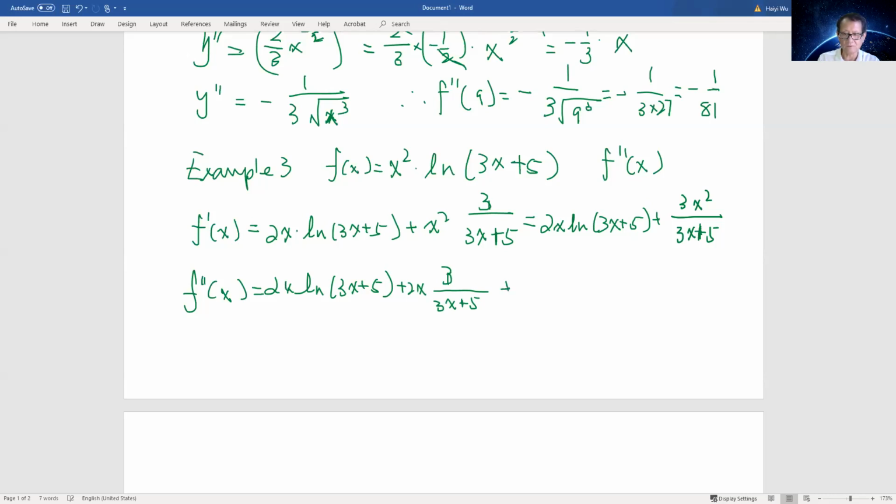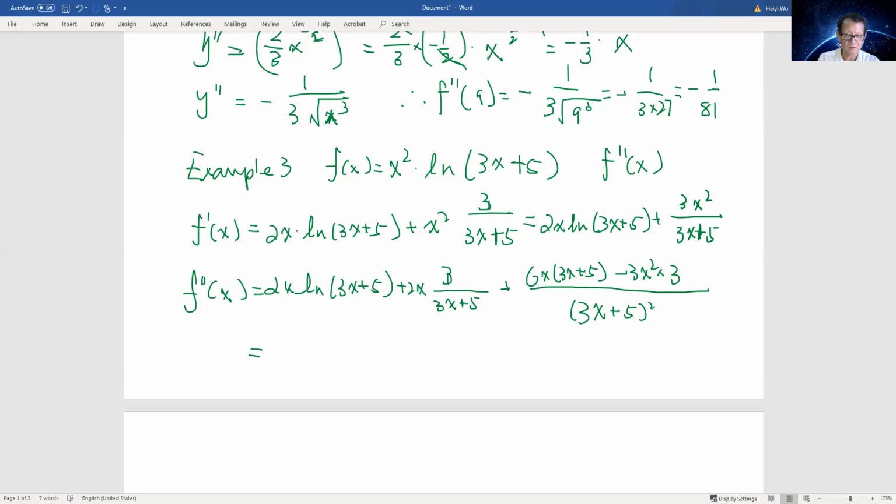Then the second one is a quotient rule. So we're going to use the quotient rule: denominator squared, so do the 6x times 3x plus 5 minus the 3x squared times 3. So finally, simplify again.